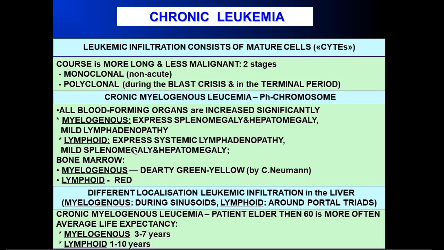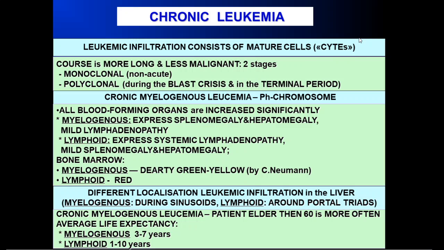And compare right now with chronic leukemia. In chronic leukemia we have matured cells, you see. Leukemic infiltration consists of matured cells or cytes. So, chronic lymphocytic leukemia.